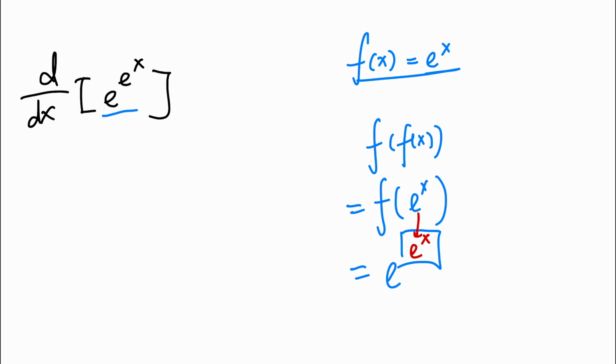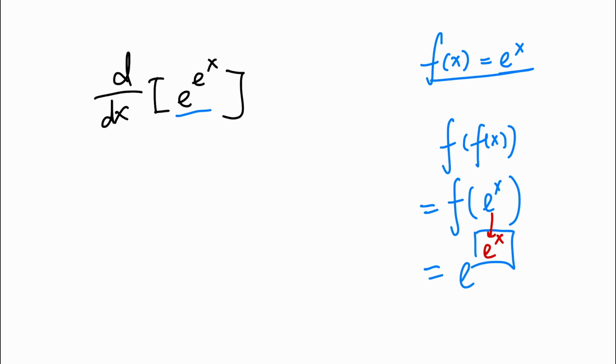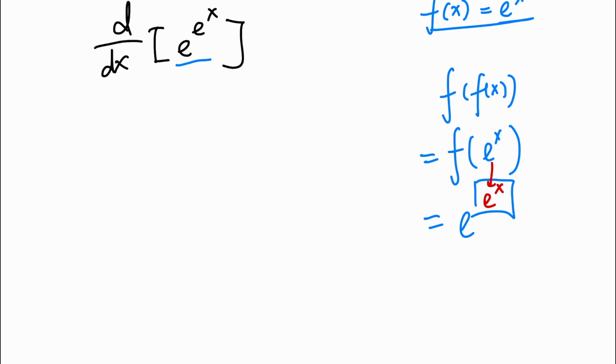So what we have over here is actually f of g of x, and if we recall the chain rule, that would simply be equal to the derivative with respect to e to the x. We don't want to write it this way because it's kind of ambiguous. We can just do this.